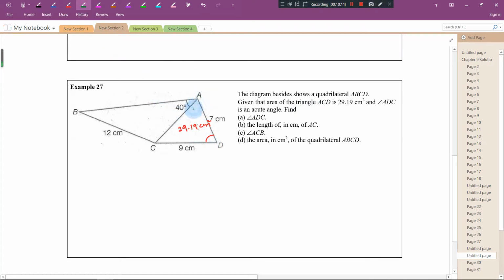We know that the area of this triangle, we can use this method: 1 over 2 times 9 times 7 times sine of the angle we are looking for, sine angle ADC, is equal to the area of this triangle, which is equal to 29.19.